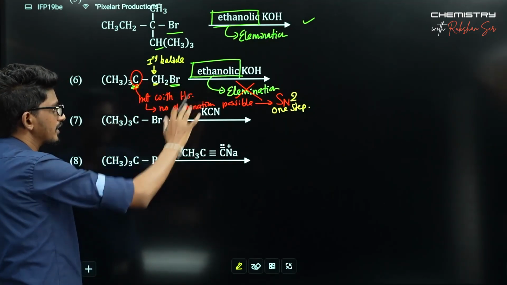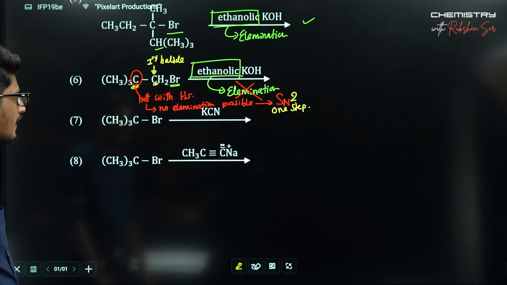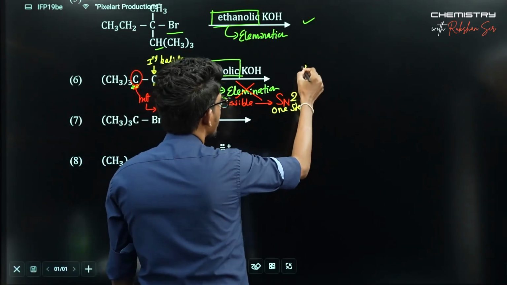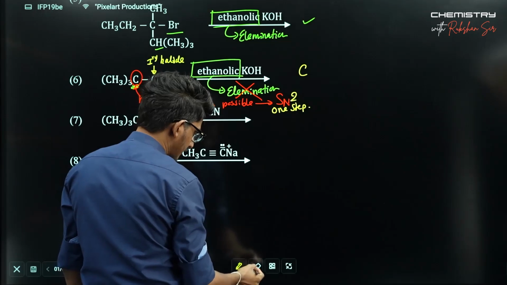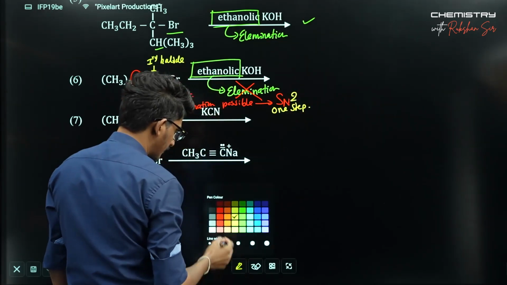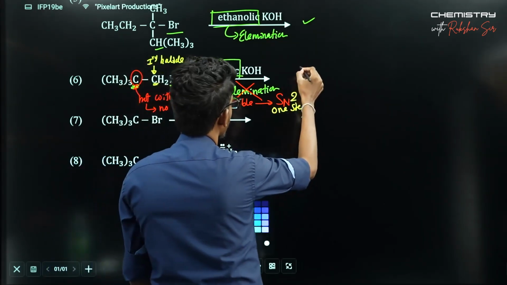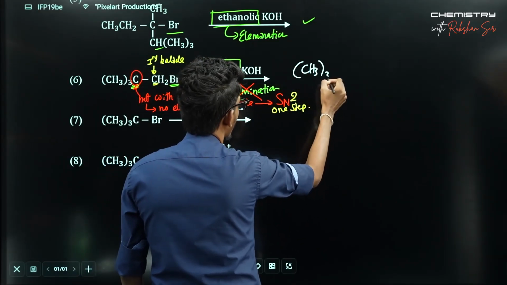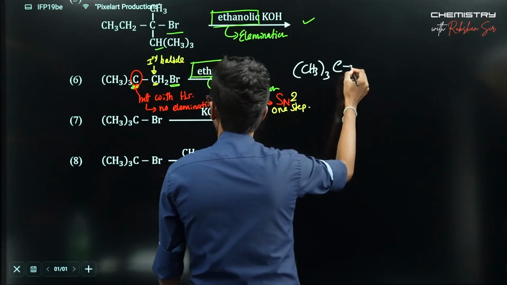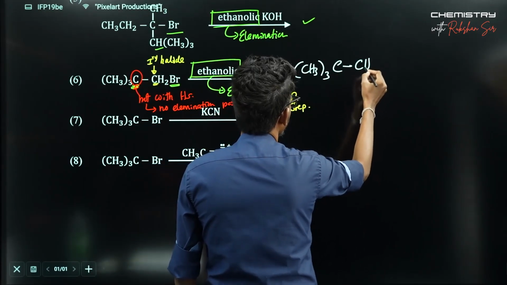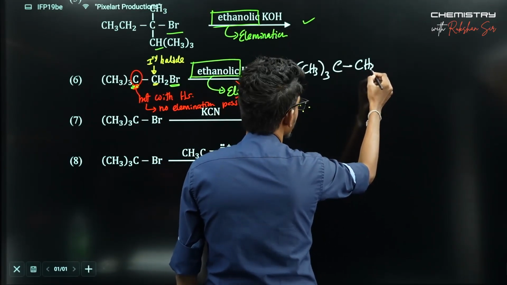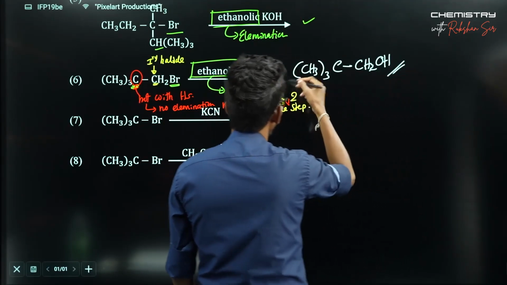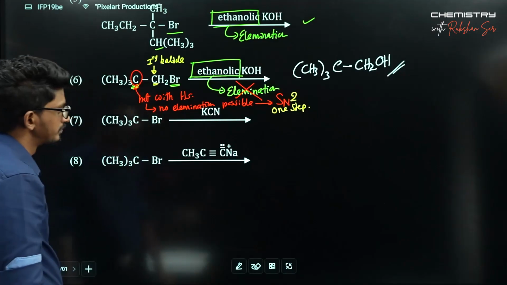So the one-step nucleophilic substitution should occur with this one, and the product is the nucleophilic substitution product. That means instead of the halogen, you are just substituting your nucleophile, the OH here. It should be done in a one-step mechanism.